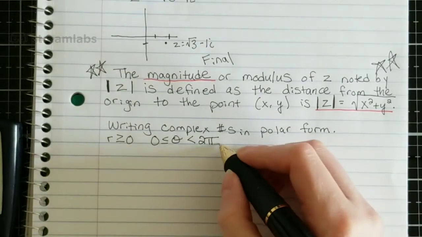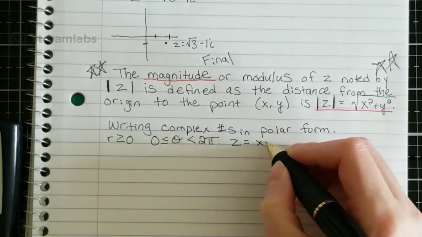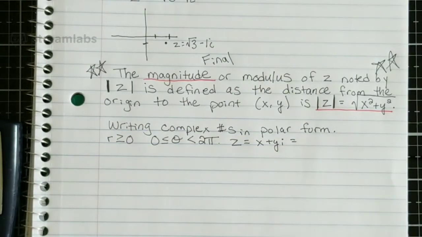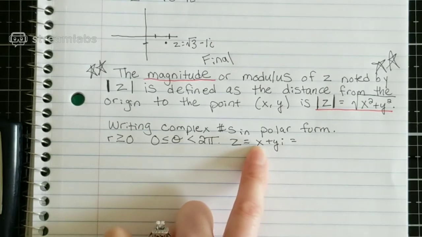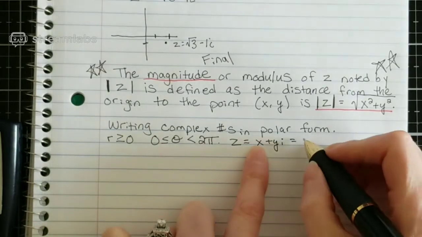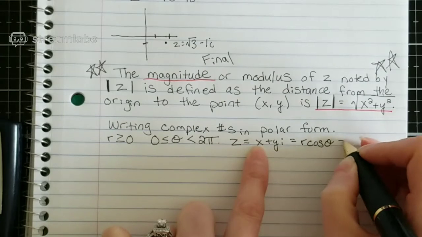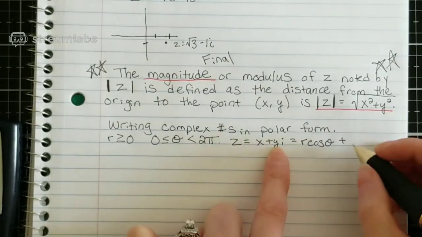So normally when we would write a complex number, we would have z equals x plus yi. Okay, and what we're going to do is just substitute that x. Remember, x was r cos of theta. That came from the last section. And y is r sine of theta.